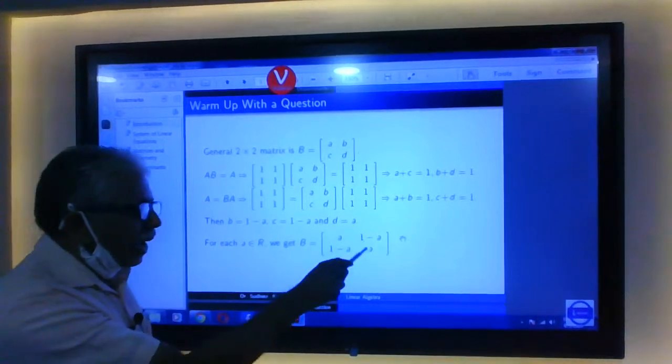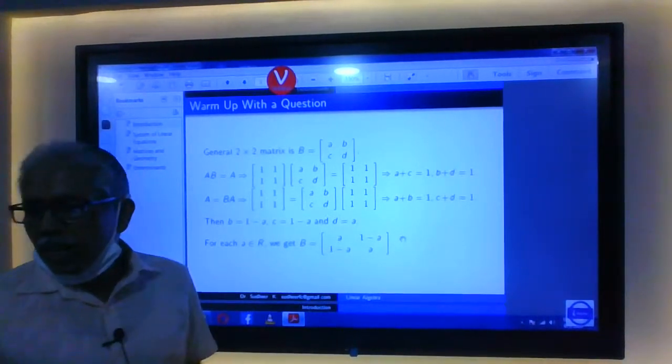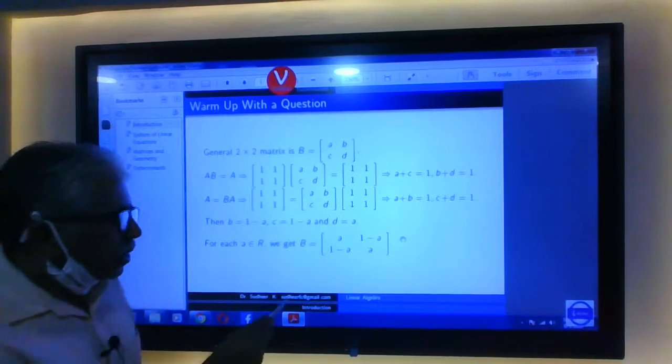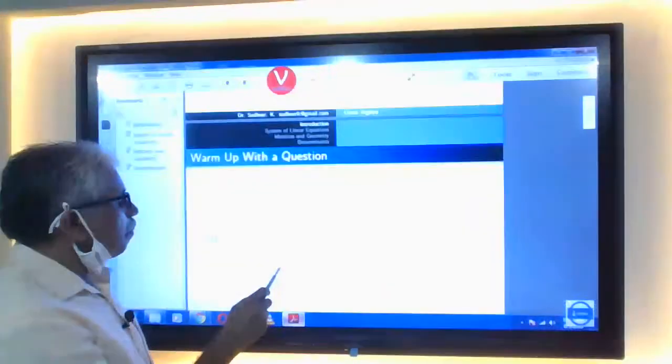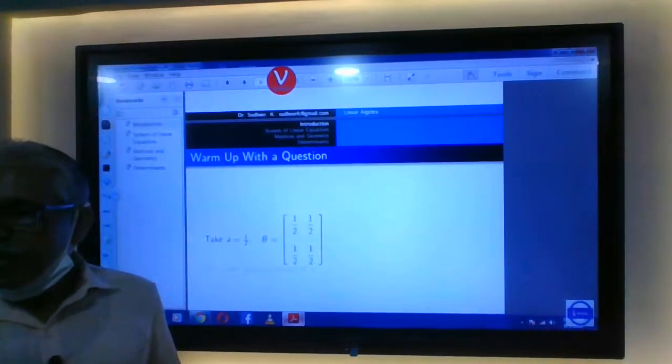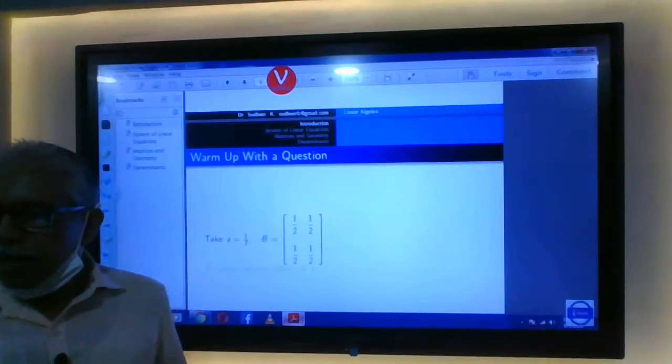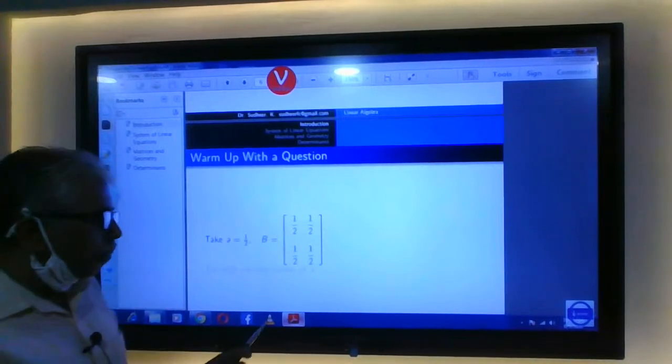And what is the entry a? So if you take a to be 1 by 2, you will get a particular matrix B with 1 by 2 in all entries.